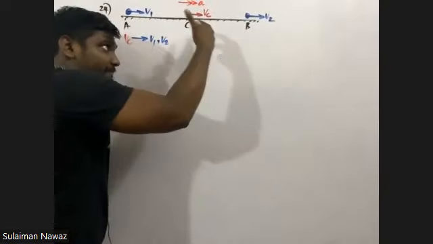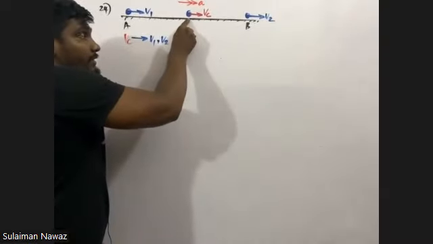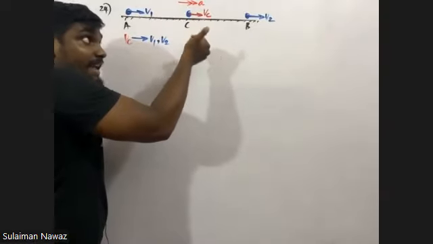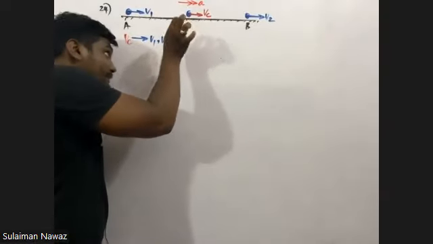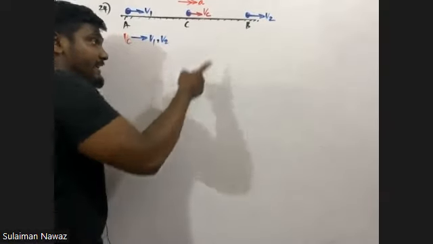But you can define any number of variables, because they have mentioned this is a middle point. So it would be better if you involve displacement as well, because the middle point is special data.